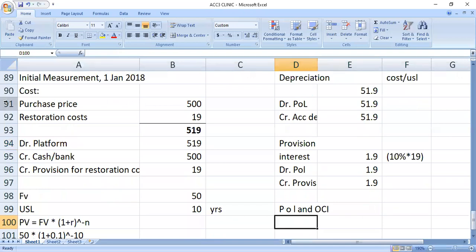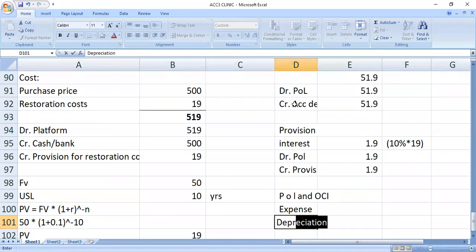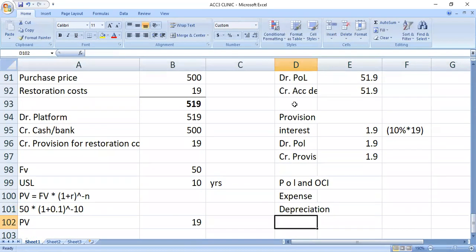So what we have here that affected this, initially there was nothing affecting the profit or loss statement. However, subsequently we have depreciation. So you come here and you say under your expenses, you have depreciation. We also have interest and provision.